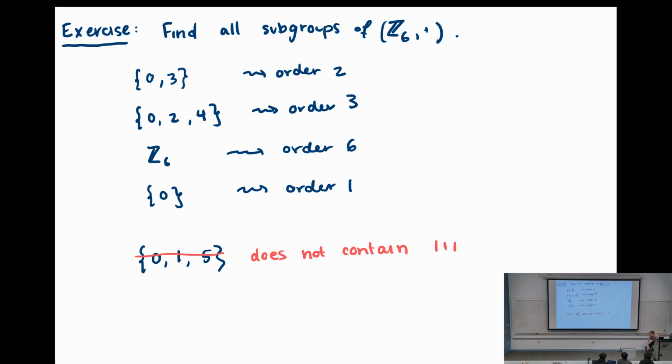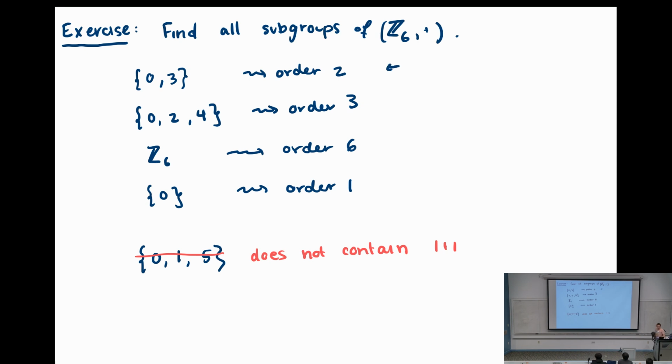Okay, did anyone notice anything or have any conjectures just based on this one example? So the first one is every multiple of 3, and the second subgroup is every multiple of 2. So maybe the subgroups of Zn are the multiples of the factors. Okay, so what is a different way to describe this group?